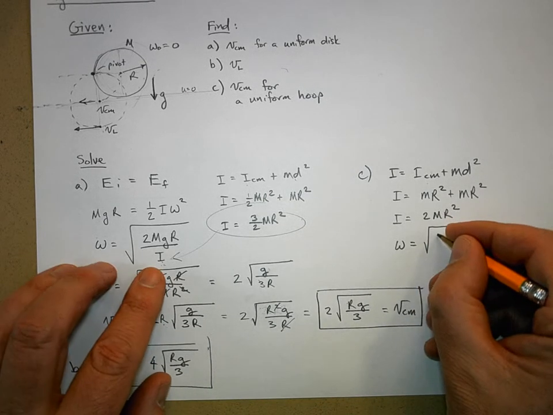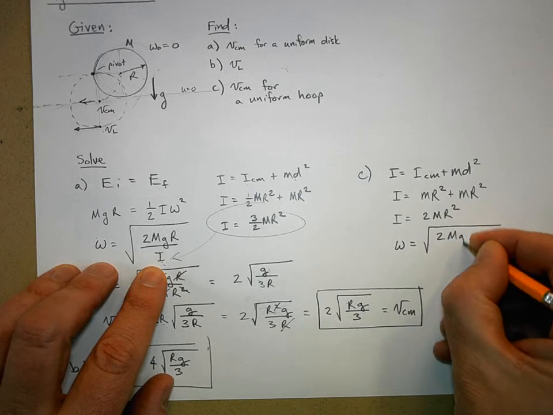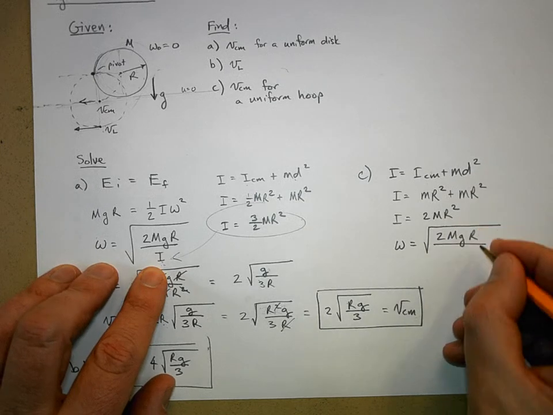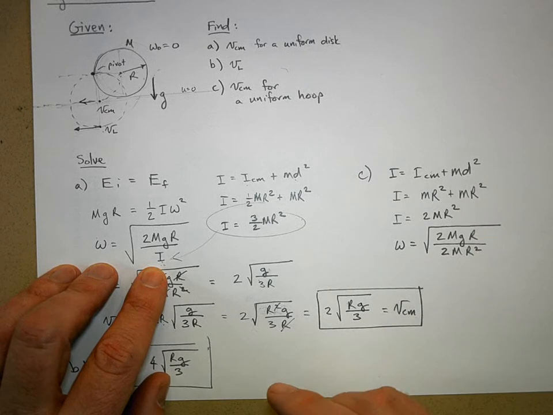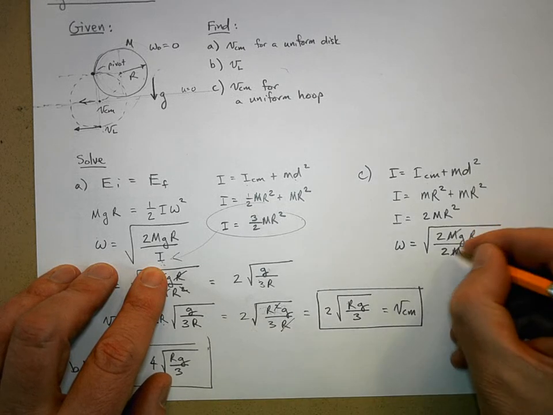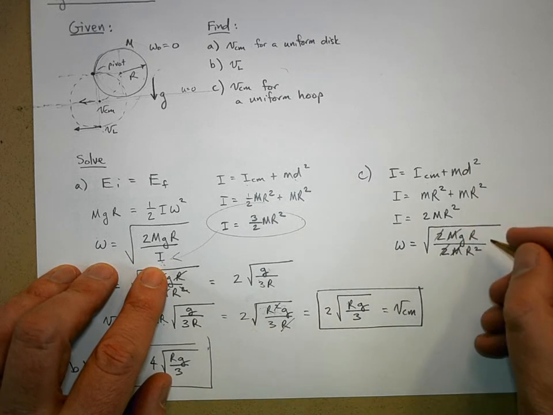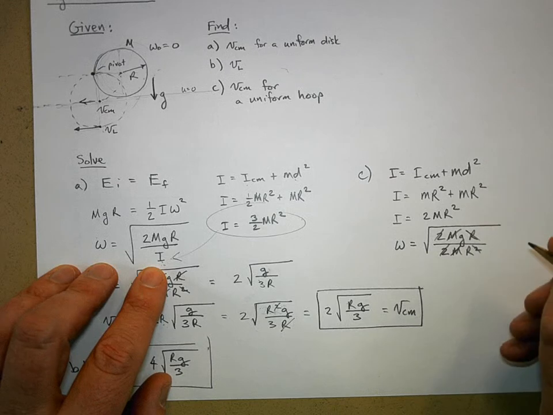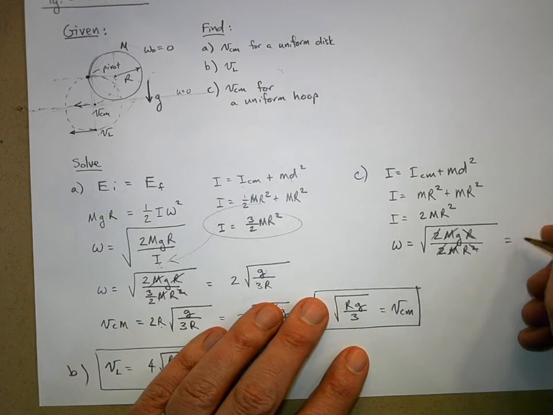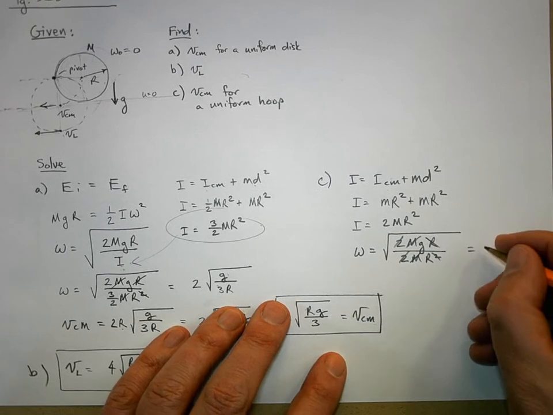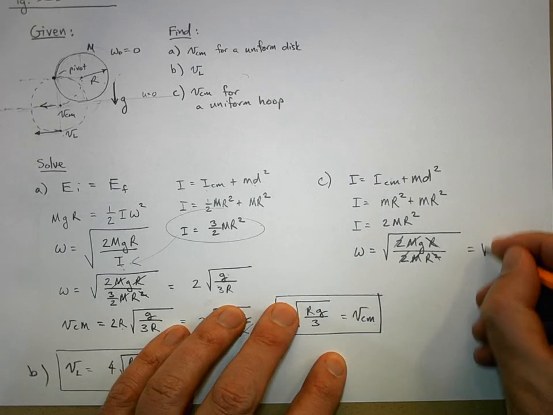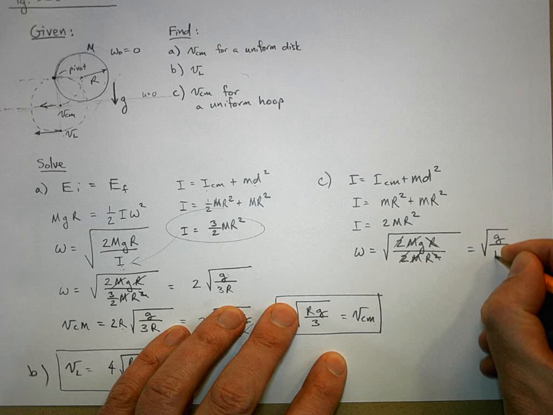It's 2mgr over 2 mr squared. So once again, a lot of stuff cancels here. And we're just left with the square root of g over r.